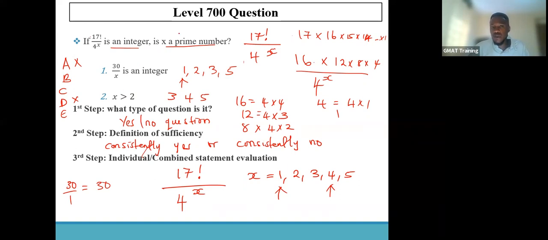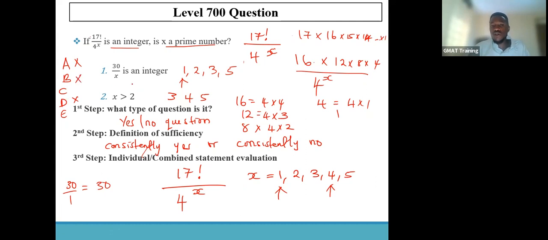The first one is a prime number, the second one is not, and the third one is. So still there isn't consistency, because when we choose 3 and 5, they are prime numbers, but when we choose 4, it's not. So we are responding sometimes yes and sometimes no. So statement 2 is not sufficient, and choice B cannot be our answer.